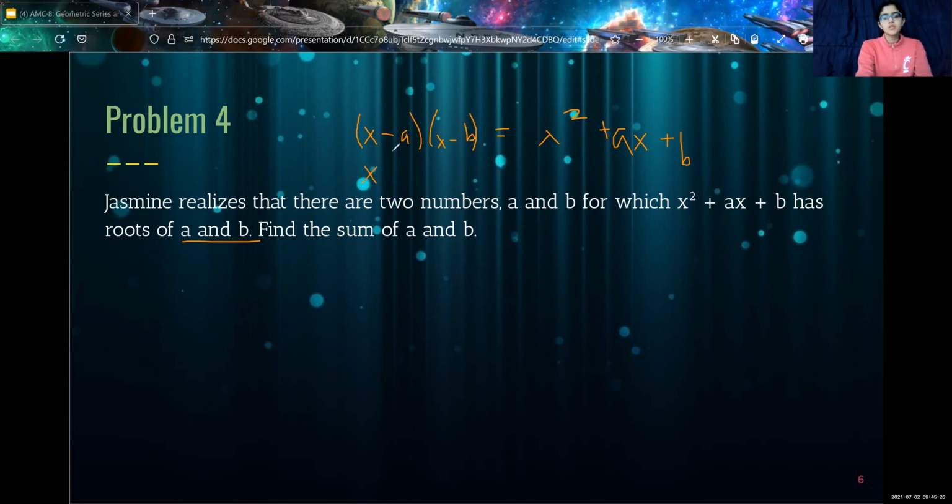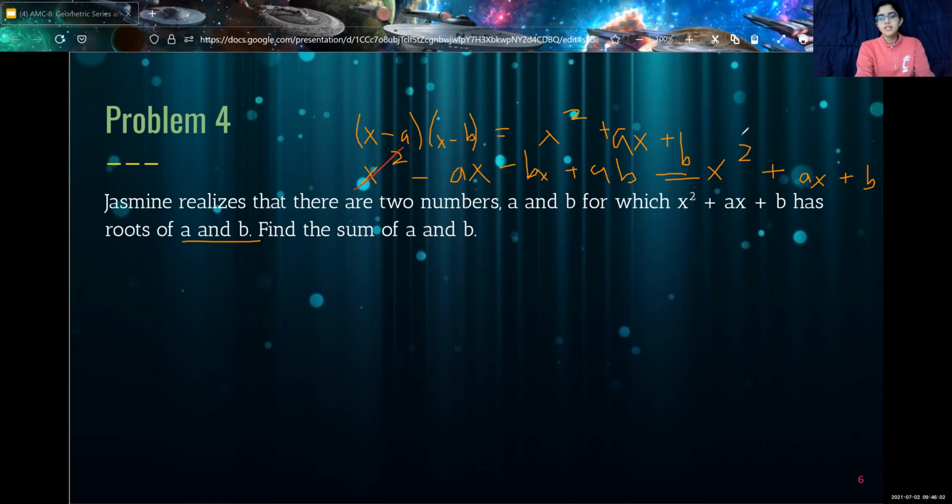So what we would do is we'd multiply it out. So we get x squared minus ax minus bx plus ab is equal to x squared plus ax plus b, right? So what this means is, okay, we can cancel out the x squared.